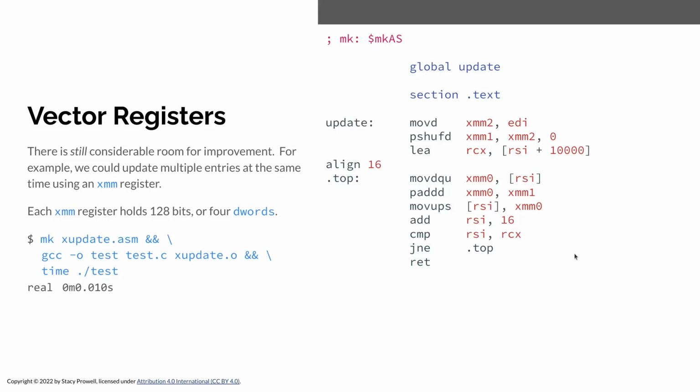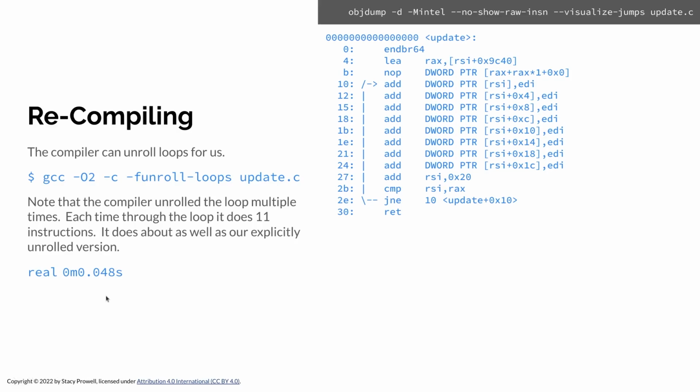When I do all of this, and I assemble this, and I run it, what do I get? My time drops down to just 10 milliseconds. That's a significant improvement. So let's go back. I was at 48 milliseconds with what the optimization gave me.